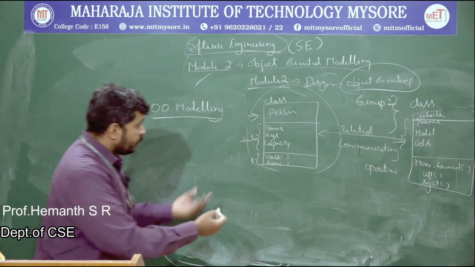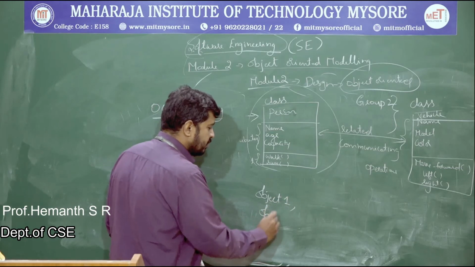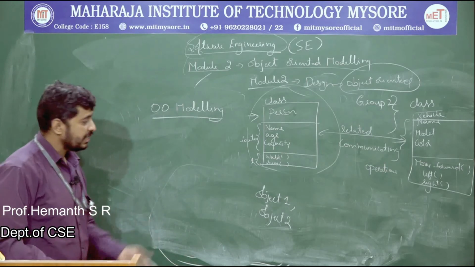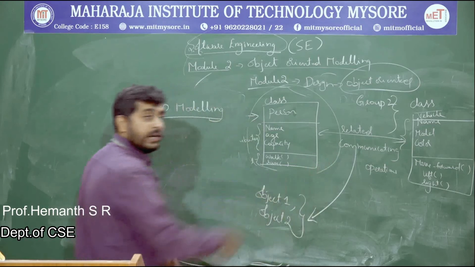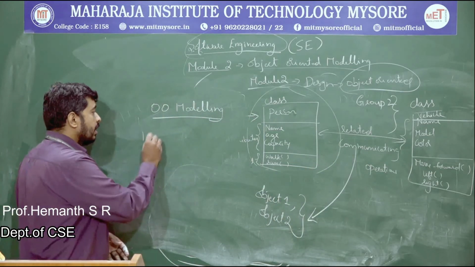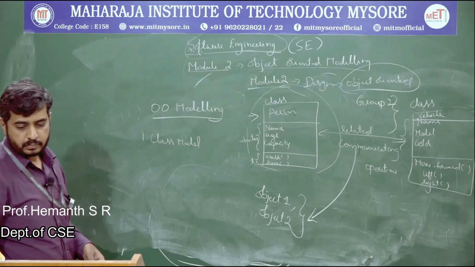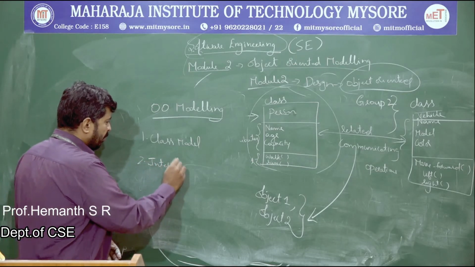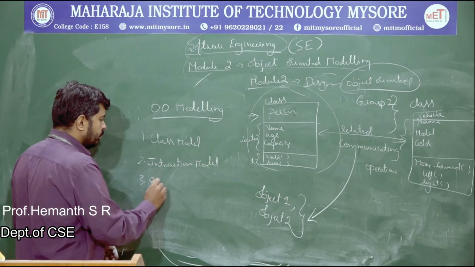Also, you may create objects for these classes. You create different objects, the details of which we will see later: how to create an object, how to model an object. How these objects are related, how they are communicating. All these things we represent using standard models like class model, interaction model, state transition model.